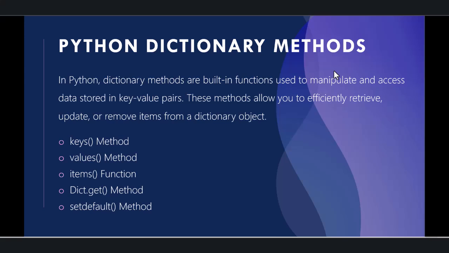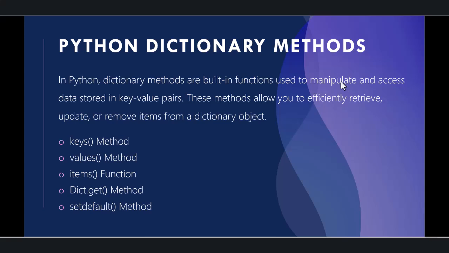We will use these built-in functions to manipulate, which means to change something in the existing dictionary, or we can also access the data which is stored in key and value pairs. In simple words, we can make changes in the existing dictionary. It will allow you to retrieve, update, remove.